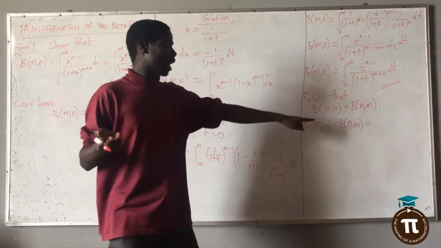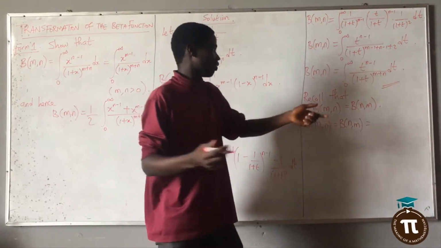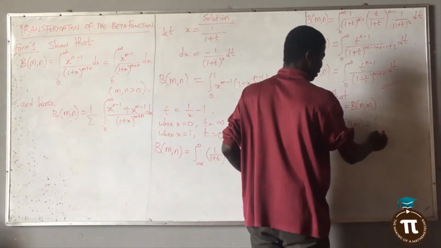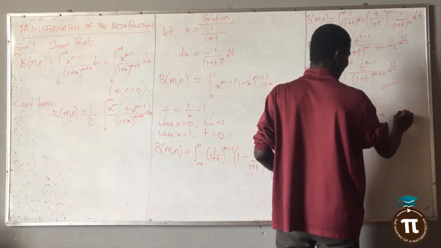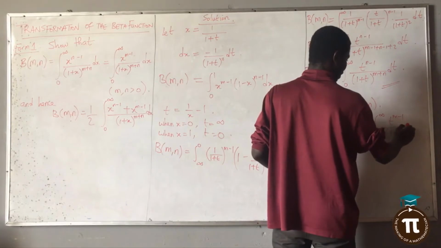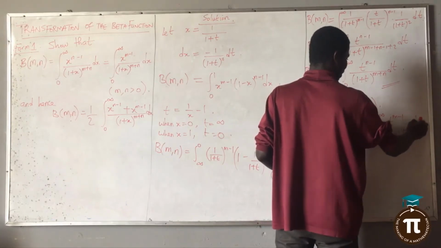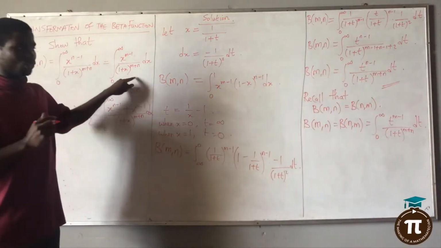This just means swap. Anywhere you see n, put m. Anywhere you see m, put n. That's all. So this one will just be equal to the integral from 0 to infinity of t raised to the power of n minus 1 all over 1 plus t raised to the power of m plus n, dt. That's all. So we have gotten this one as well.